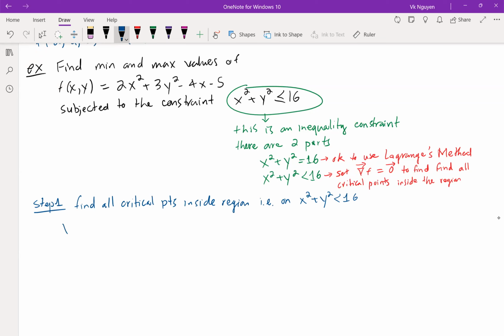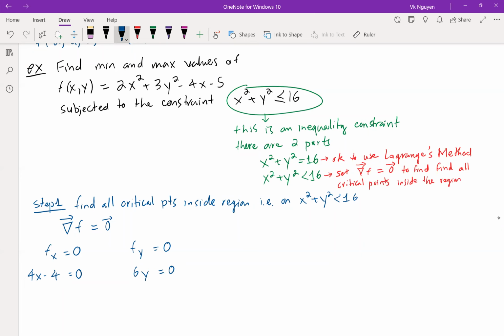Okay, so set the gradient vector to 0. fx equals 0, fy equals 0. fx is going to be 4x minus 4 equal to 0. fy is going to be 6y, set y equal to 0.